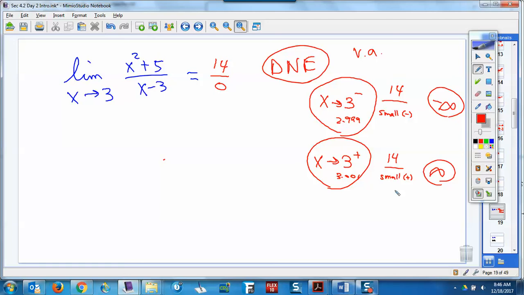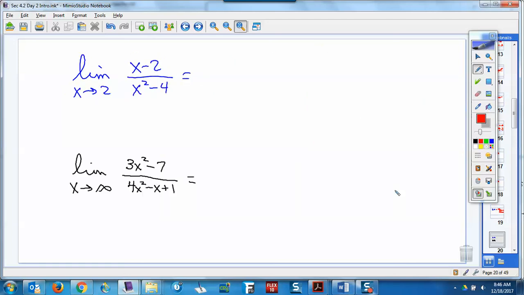Okay? So, all right. Let's take a look at this thing called L'Hopital's rule. So do those two right there real quick.